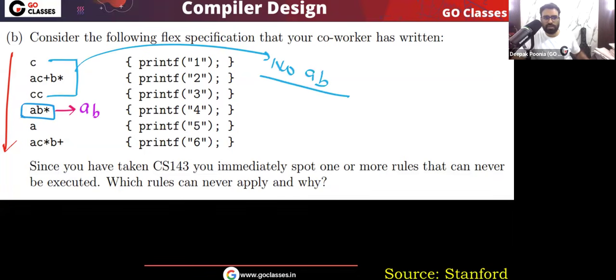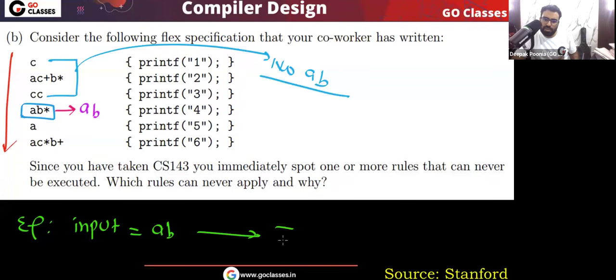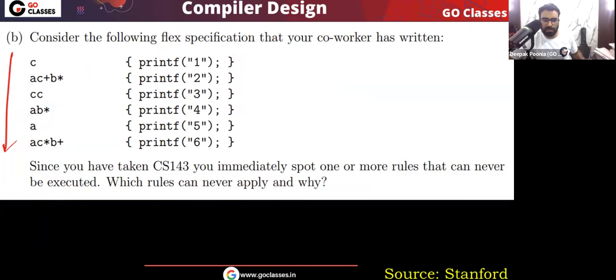Do you agree with me? So you can easily see that this is also useful. If your input is AB, you can check that the token generated will be 4. So far, all these rules are useful rules. We cannot remove any of them.